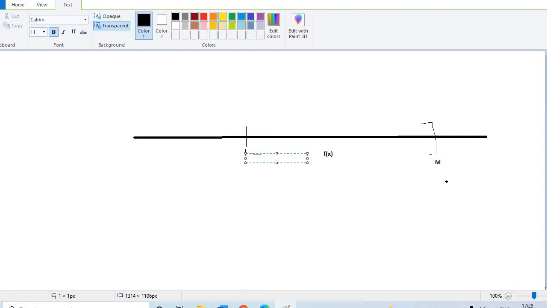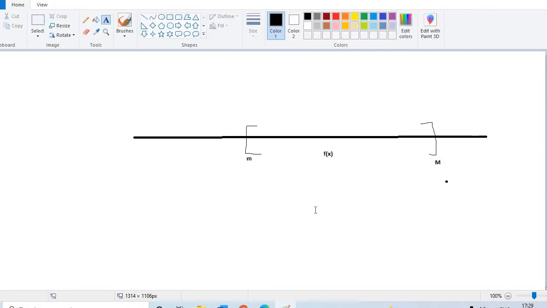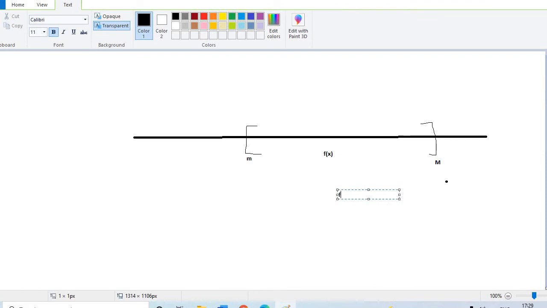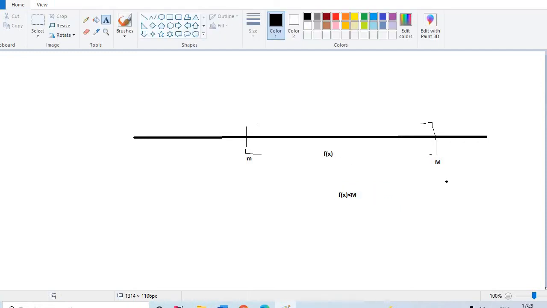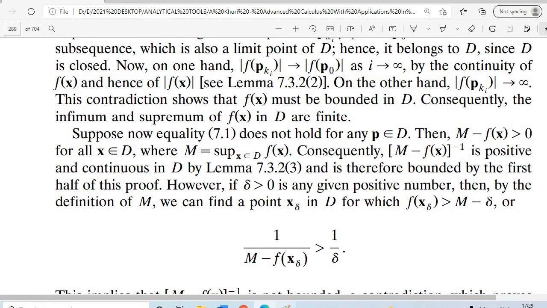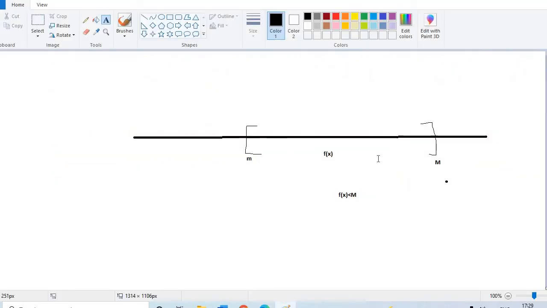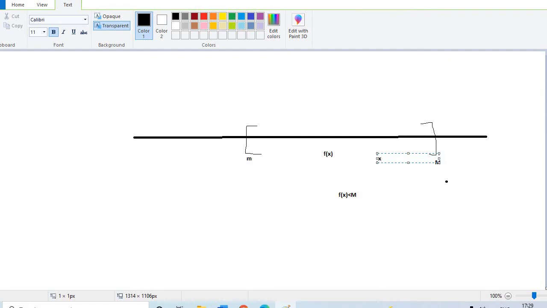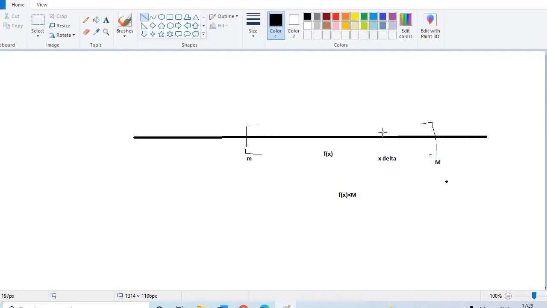Let it be, this is the infimum, small m. So f of x is less than or equal to m, and corresponding to some other value, that value is used as x delta. നമുക്ക് x delta എവിടെ എടുക്കാം, ഇവിടെ x delta will be somewhere here. Okay, f of x is here, m is here. So corresponding to some x delta, the f of x attains a value in between f of x and m. Okay.